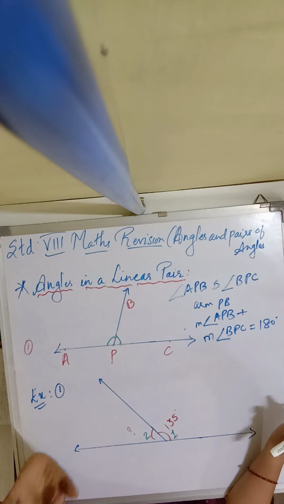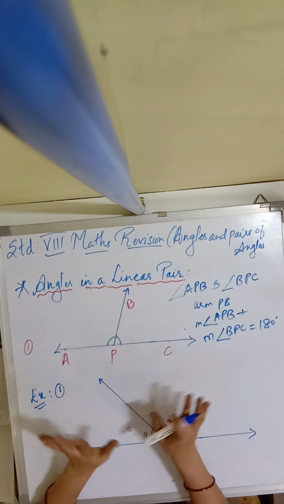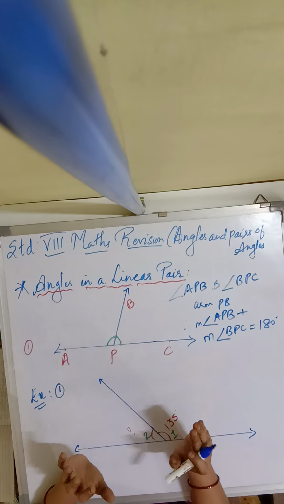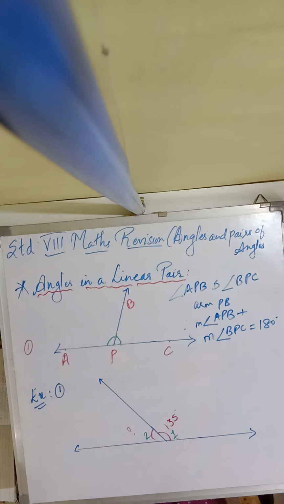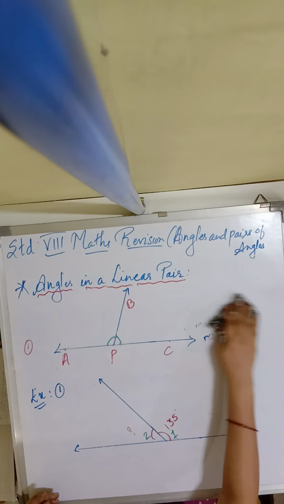First, that they will have a common arm. Second, the other arms will be forming a straight line. And third, the sum of the measures of the angles in a linear pair is 180 degrees. Clear children? I hope the definition is very clear. You can call it supplementary also, because 180 means supplementary.